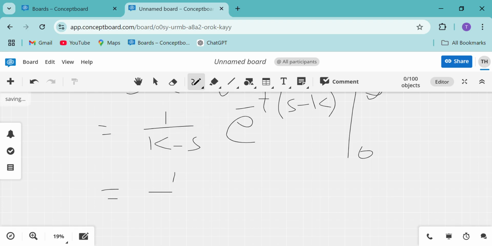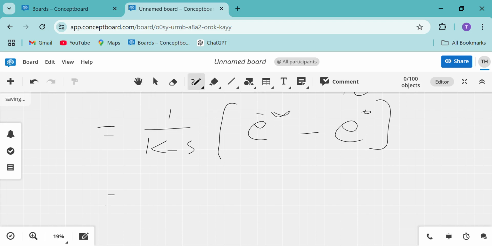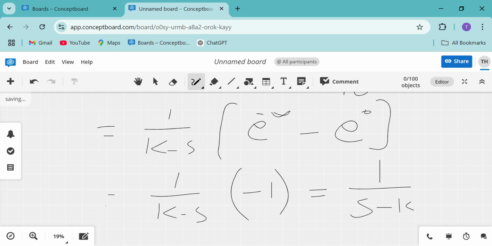This will become 1 over k minus s, and when you put this limit, our first function will become exponential of minus infinity, our second function will become exponential of 0, which is 1. When the exponential is in the denominator and our limit is infinity, the whole function will become 0 and we will be left with only minus 1, and this will equal 1 over s minus k, and here is our answer.